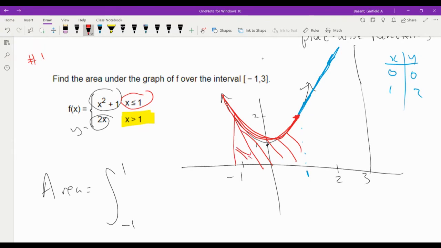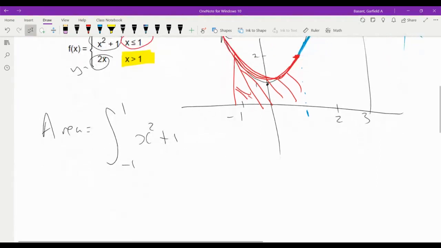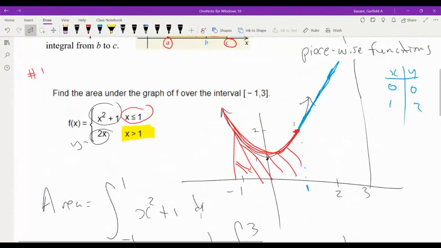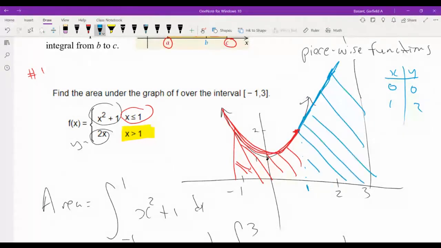That's a definite integral, and this is a different function: x squared plus 1. And we're going to add that to the integral from 1 to 3 of 2x. Does everyone understand what I'm doing? Or did you get lost? I'm just splitting it into 2 parts because of the 2 curves.